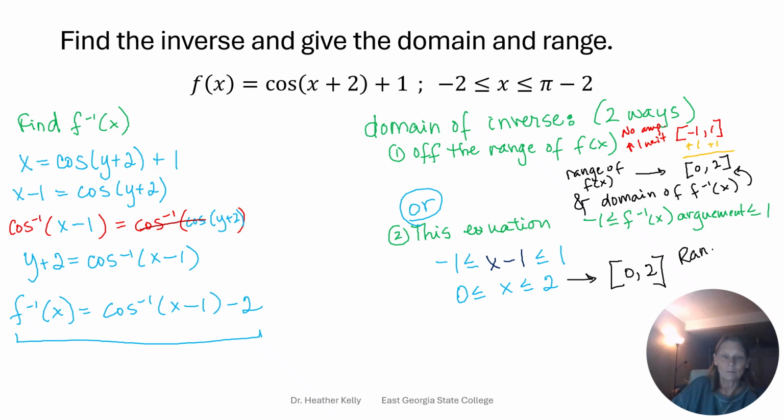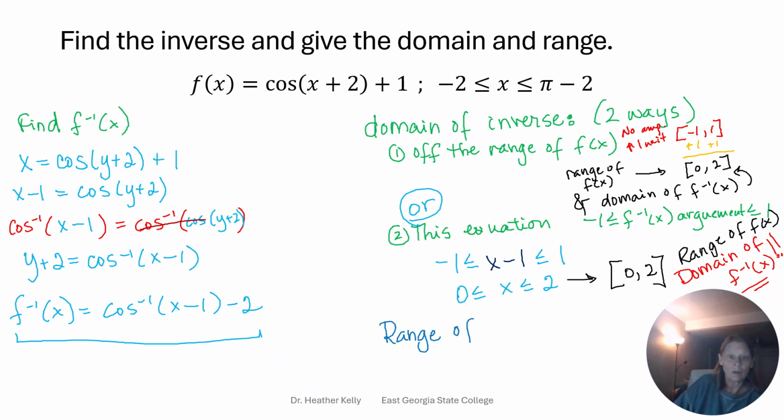I mean, again, the same range of f of x, domain of f inverse of x. Okay, and then I think the last thing we need to find here is the range of f inverse.